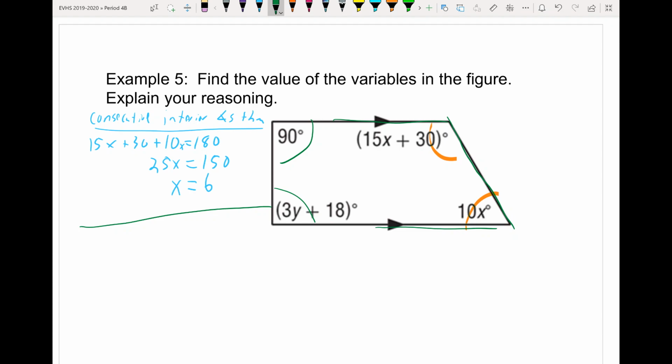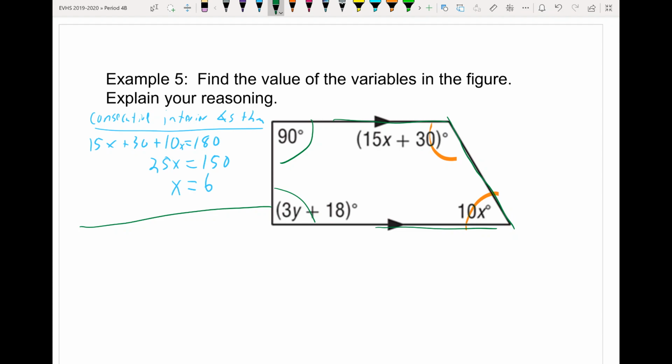That is completely right. However, we're new to this. I don't want to accidentally write on our notes anything that might give you the impression that consecutive interior angles are congruent, because it's already been said like 4 times mistakenly throughout the class today. Anytime we talk about consecutive interiors, people want to say they're congruent. They're not. They're supplementary.